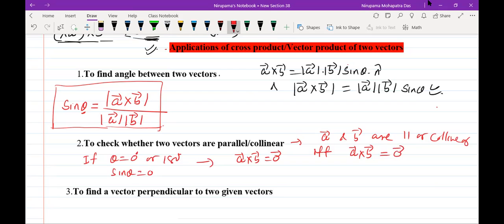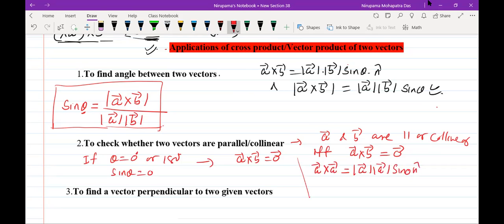In that way, if you take A cross A, the same vector with itself, we may write it like this: magnitude of A, sine 0, then n cap.